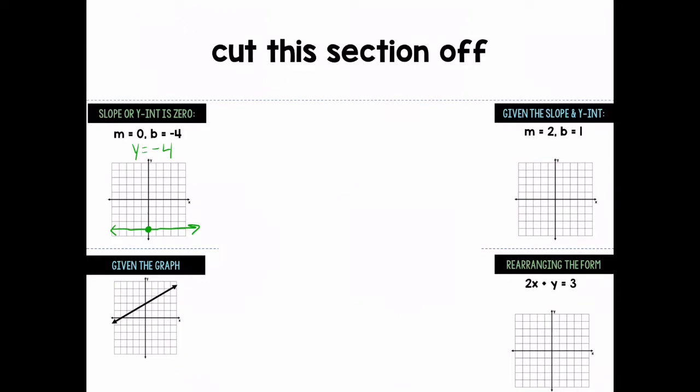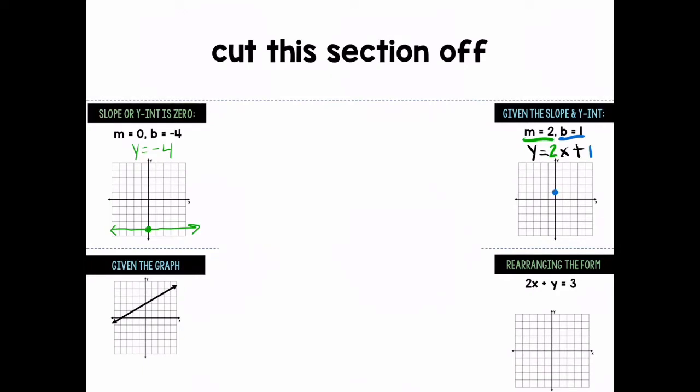Okay, so m is 2, b is 1. So your equation is y equals 2x plus 1. On the graph, I'm going to plot 1 on the y-axis, because that's your y-intercept, where it hits the y-axis.